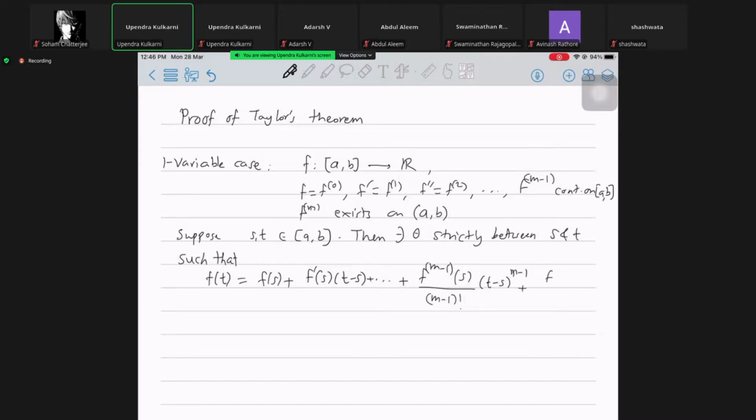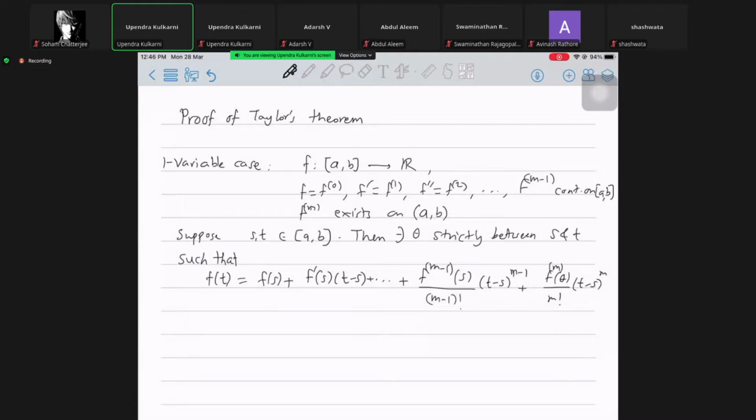And then the final term, which is the mth derivative, almost the same thing but with a major difference, times t minus s to the power m, but evaluated at this point theta. So that's the error term. Okay.